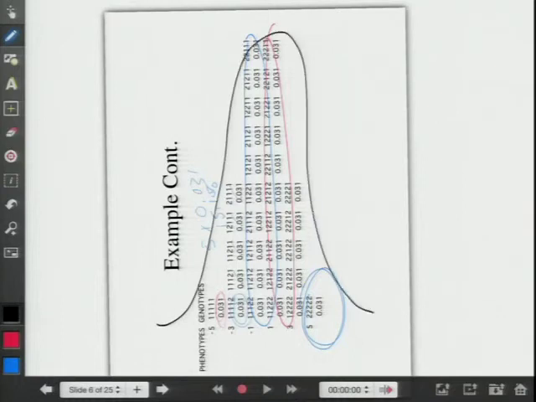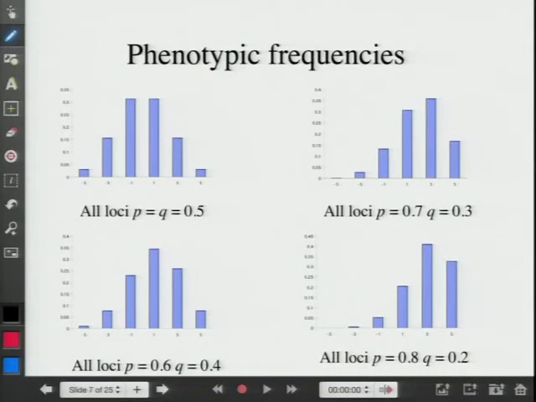It looks like a normal distribution, right? It's this kind of effect which is why you tend to have normal distributions of continuously distributed quantitative traits. But this becomes important for a bunch of other reasons besides just that.